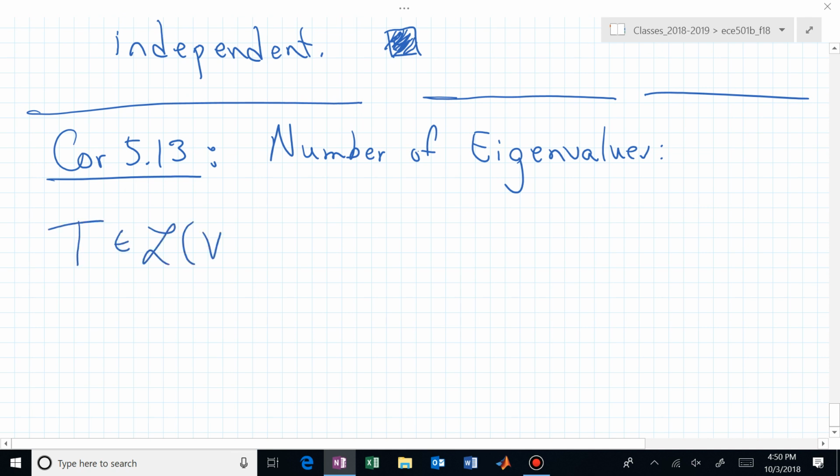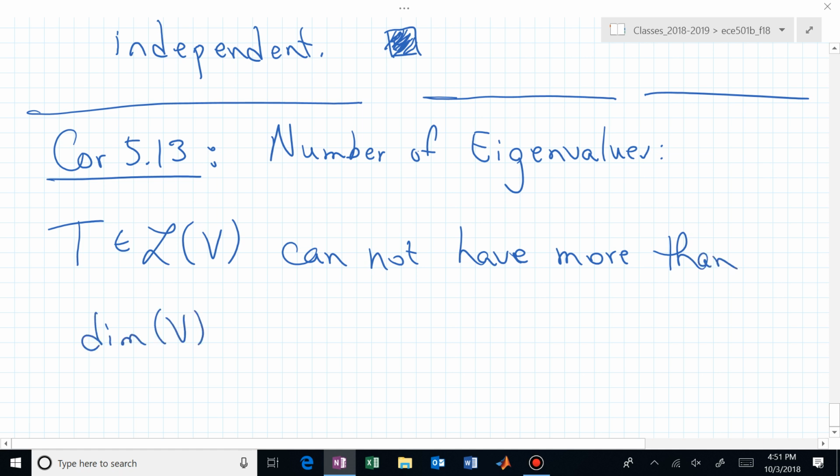Suppose T now is a linear operator on V. That operator cannot have more than dimension of V distinct eigenvalues.